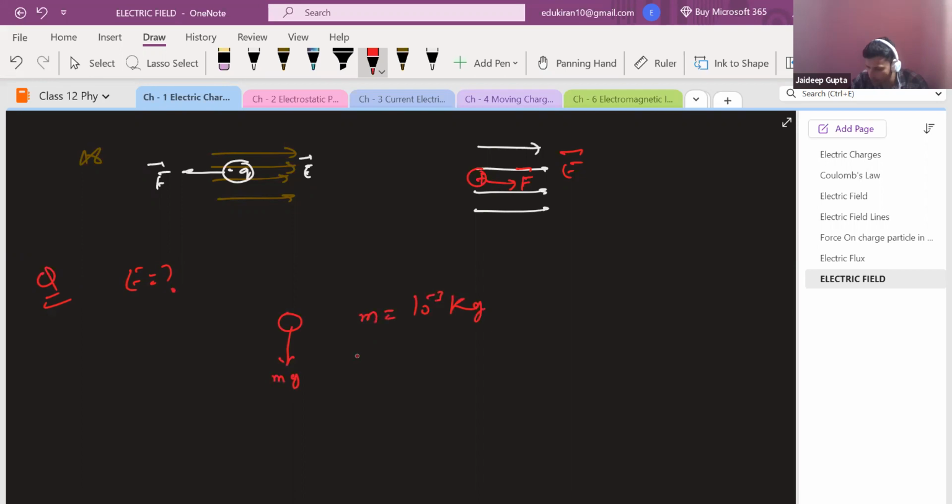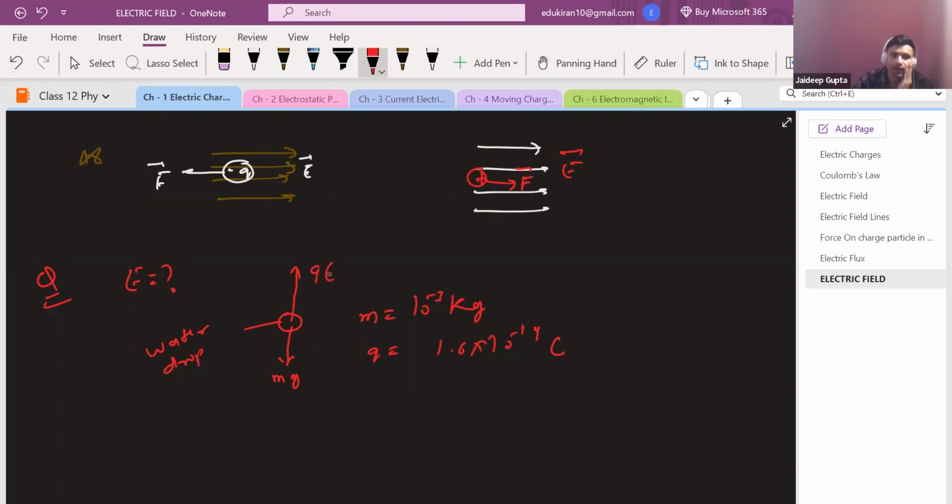Calculate the electric field required to support a water drop of this mass, having charge 1.6 into 10 to the minus 19 coulomb. So this is a water drop, and it is suspended in air.